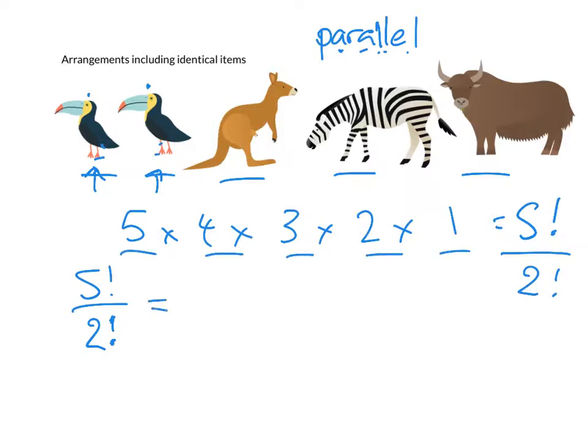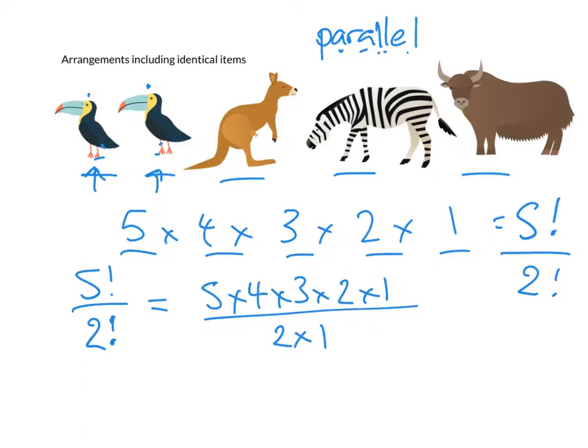So I'm just going to show you a little trick here with our factorial. If I expand the top line out, and then I'm dividing it by a 2 factorial, then I can just cancel down, because I can cancel down fractions that are multiplied like that to a 5 by 4 by 3. 5 4s are 20, 2 3s are 6, 60 is the answer.